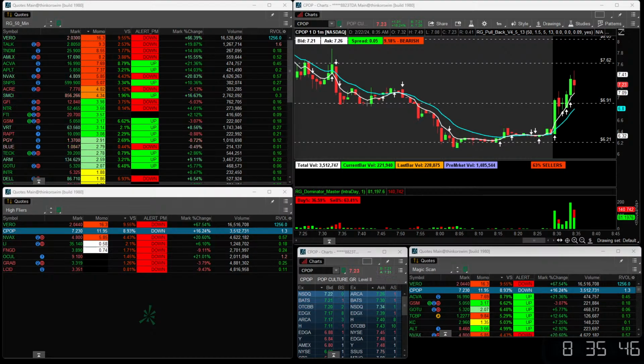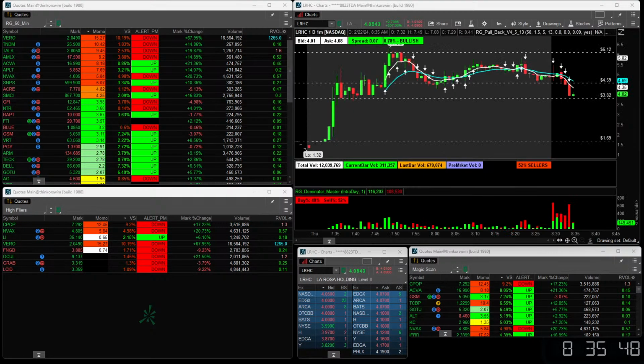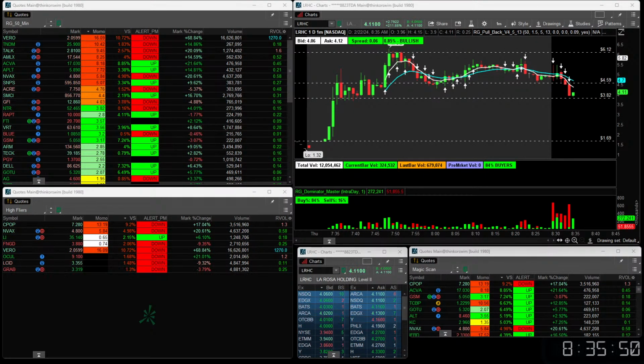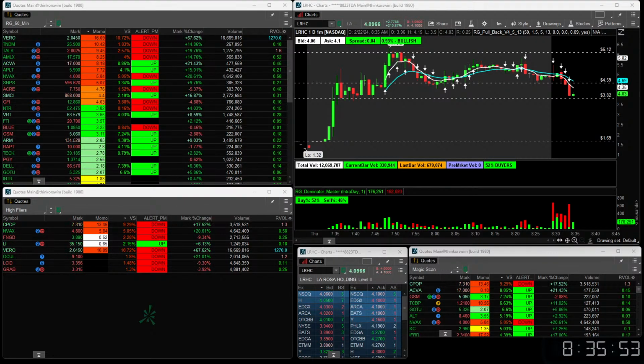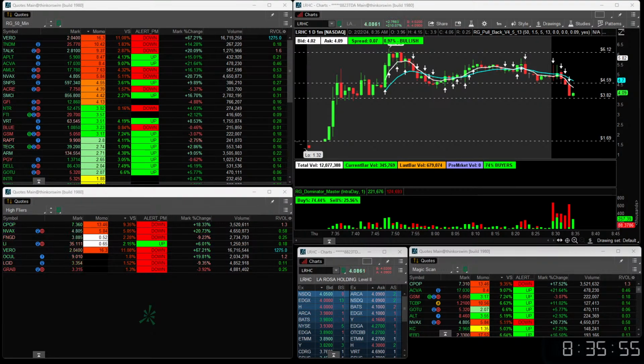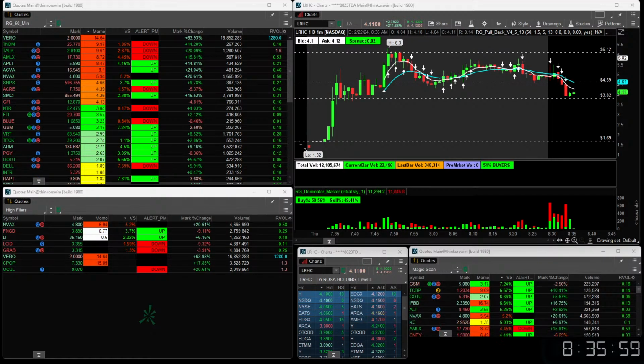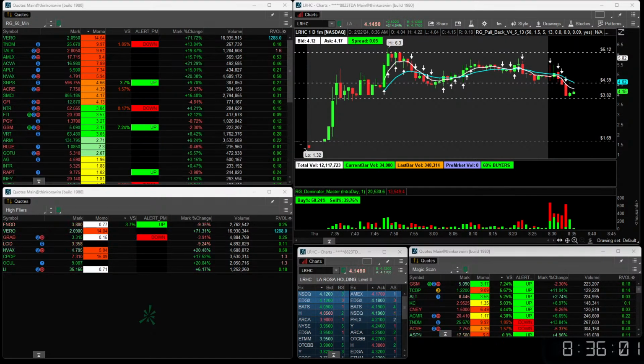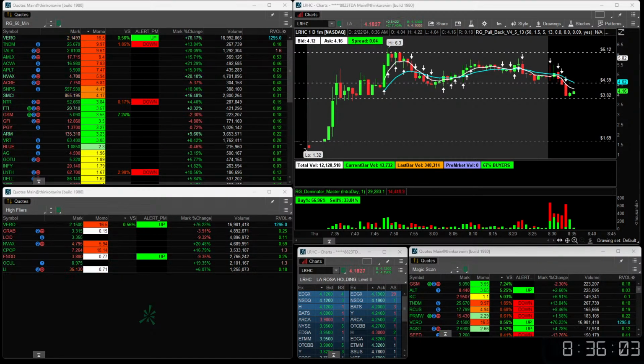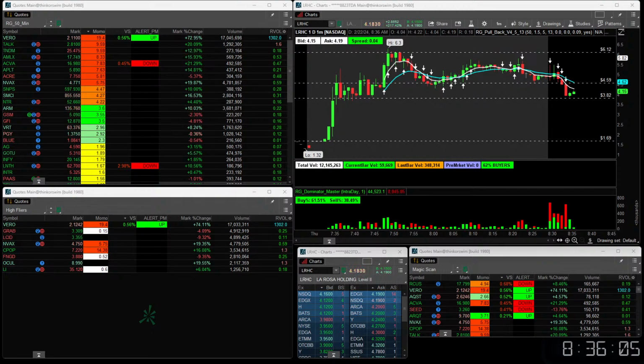CPOP not going anywhere. LRHC down there around 380, 402, somewhere around there. Waiting for a reversal.